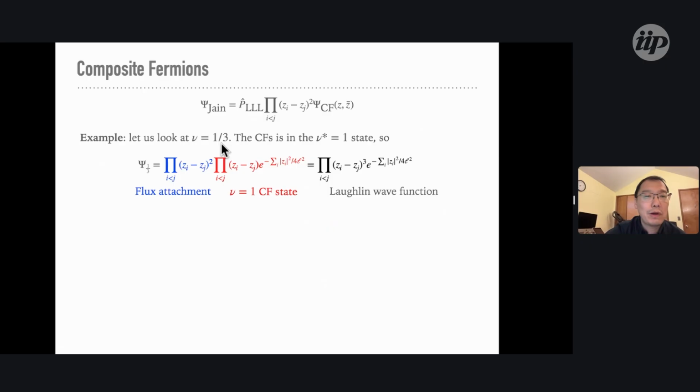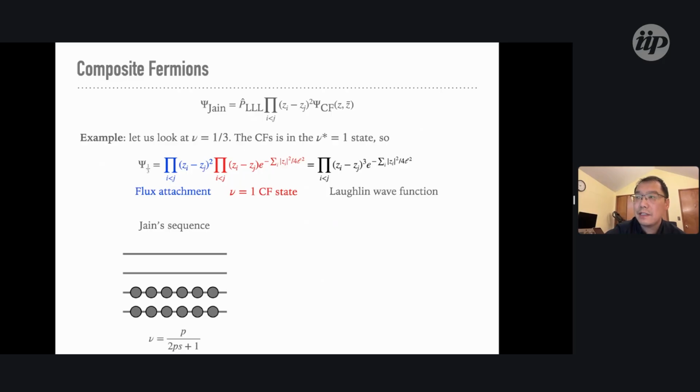For the Laughlin 1/3 state, we know that in the composite fermion picture, one composite fermion Landau level is completely filled. So the term in red is my nu equals 1, the integer quantum Hall state of the composite fermions. Then you attach two flux, and in the end, you obtain this very famous Laughlin wave function. So when you think in terms of composite fermions, in the Jain sequence case, the fractional quantum Hall effect is just the integer quantum Hall effect of composite fermions.